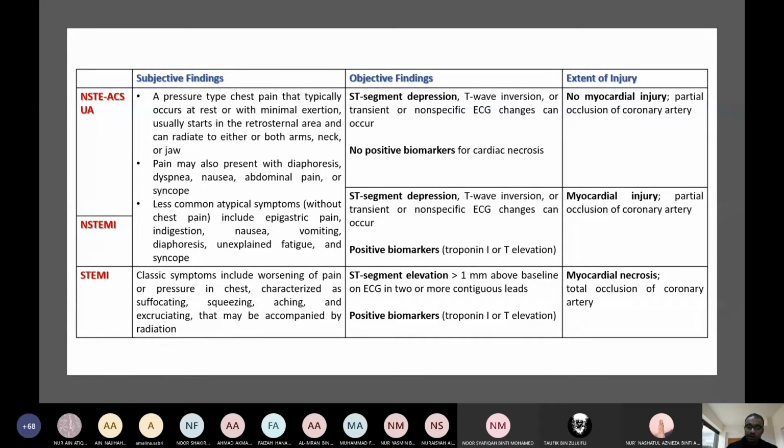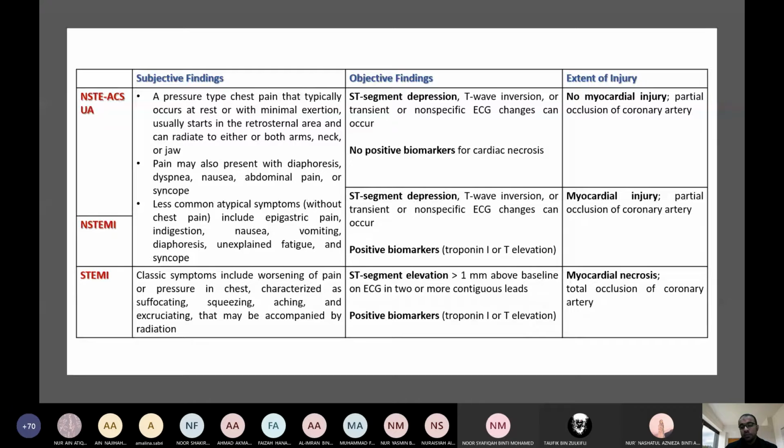When we talk about biomarkers, troponin or whatsoever, this indicates myocardial injury. So if there is no myocardial injury in unstable angina, we are not expecting to see any positive biomarkers. And in non-STEMI compared to STEMI, the severe form or the extensive injury will be in the STEMI.